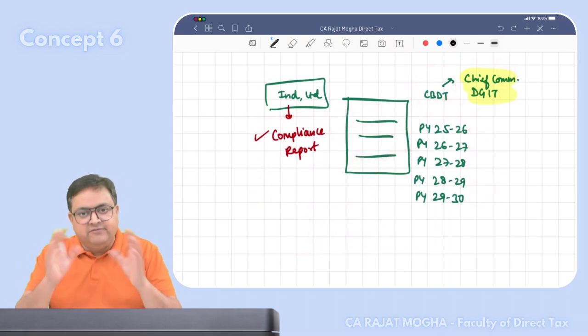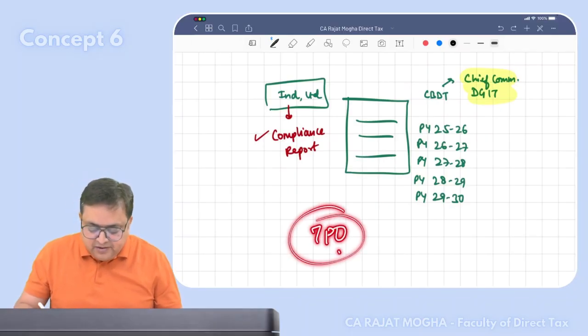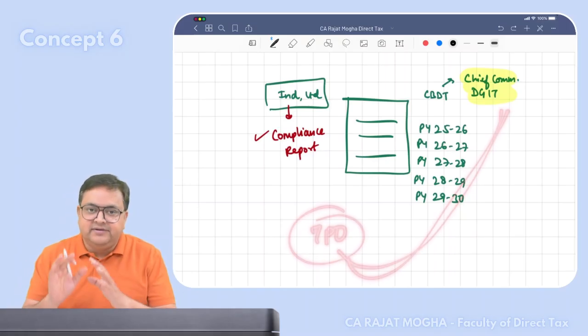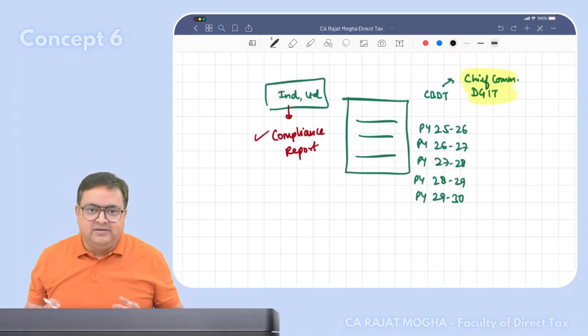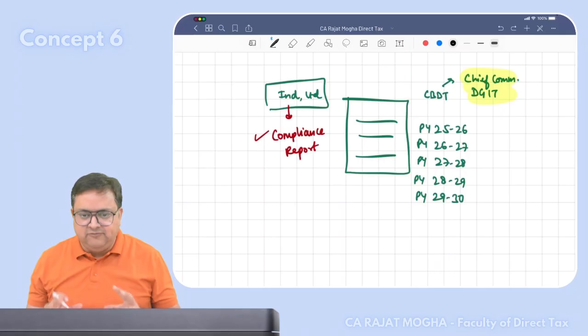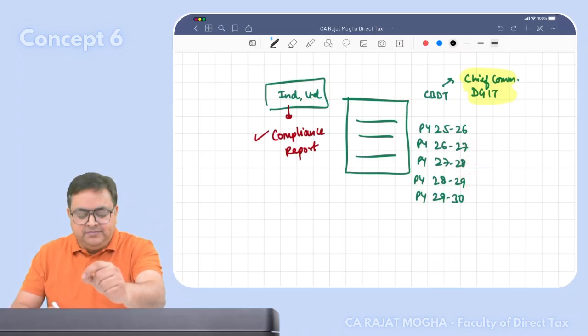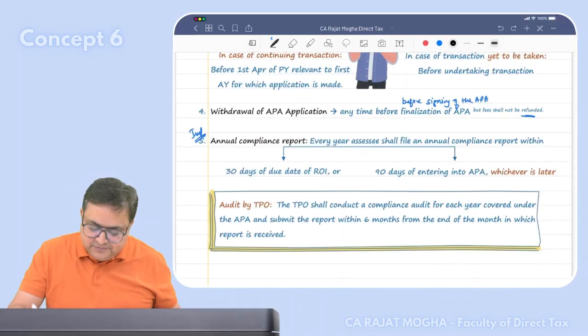So he will match everything. Yes, everything is correct, and the TPO will furnish his audit report to the Director General, the boss, that whatever Int Limited has said is correct for this year. So every year the compliance report would be submitted, and every year the audit will be done by the TPO.